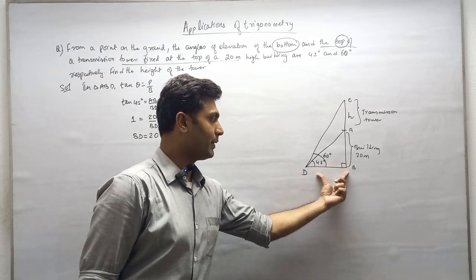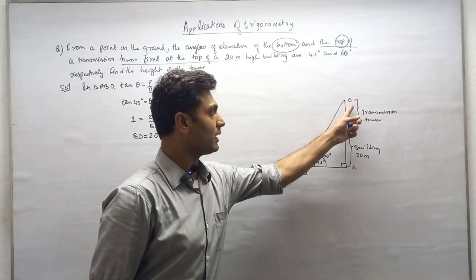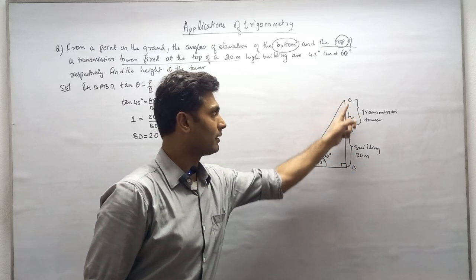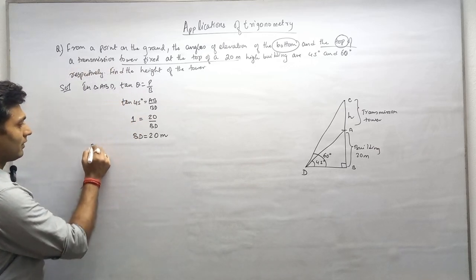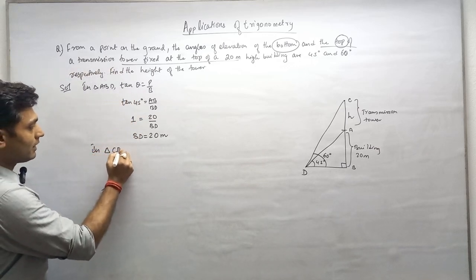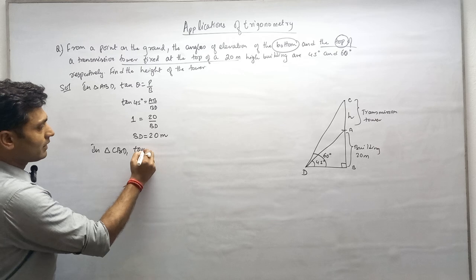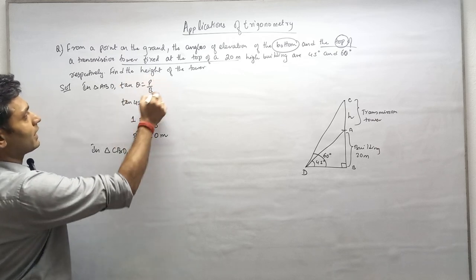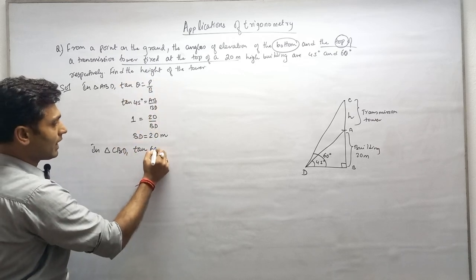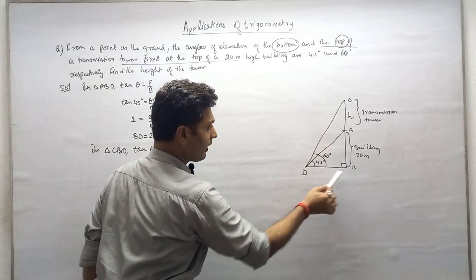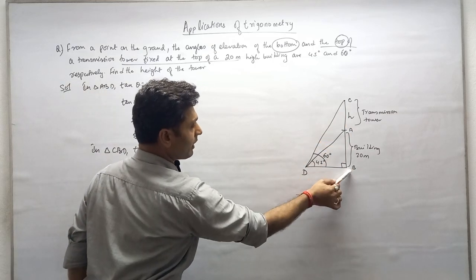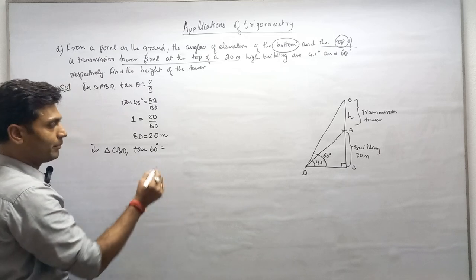Now this value of BD we can use in triangle CBD. The next triangle we will consider is triangle CBD. Tan 60 degree is CB by BD. CB is perpendicular, BD is the base.